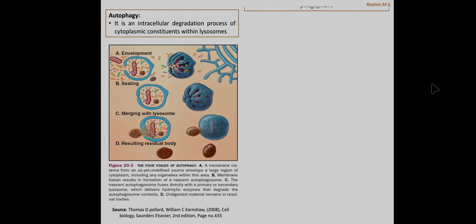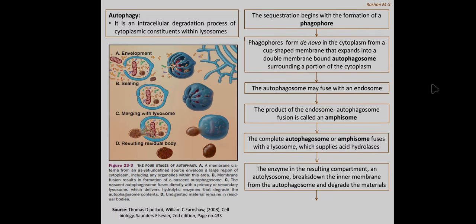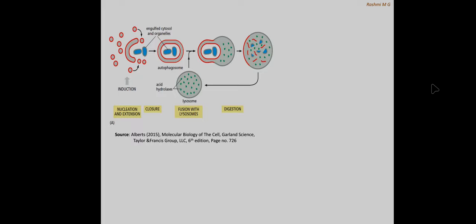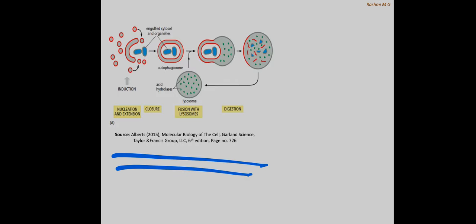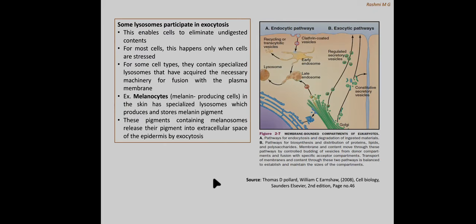We even saw the diagram and the flow chart of how it happens. This is the diagrammatic representation, and these images show that lysosomes are of varied size. Some lysosomes participate in exocytosis, the removal of material outside the cell.